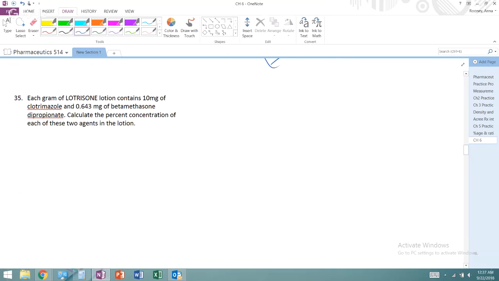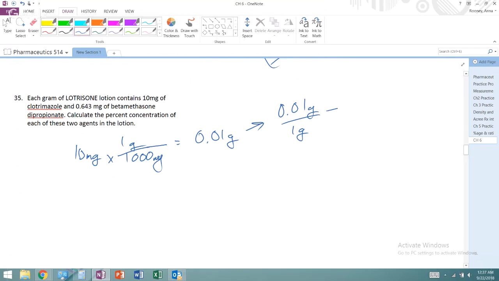So we know that there is 1 gram of lotion, so 10 milligrams. I'm going to convert that to grams so that it is in the same units. So that is 0.01 gram. And then if we take that divided by 1 gram and multiply by 100, that's going to be 1%. So that is for the first one.